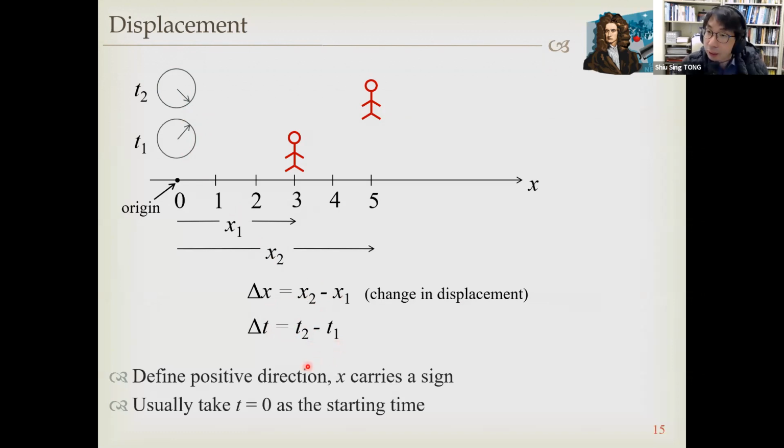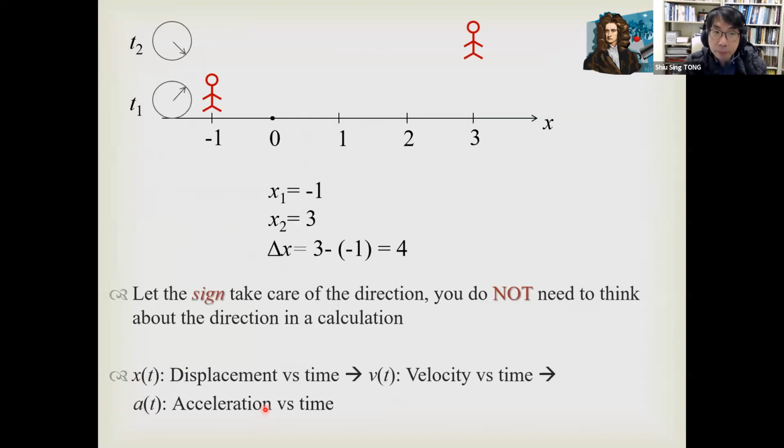Now here, the first thing is that we define the positive direction. And so the position carries a sign. And for simplicity, we may usually take t equal to 0 at the starting time. Okay, this is not a must, but it makes the equation sometimes more convenient. Now suppose the person is not always on the right of the origin.